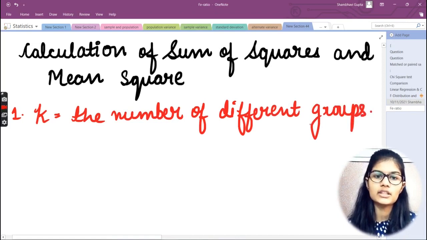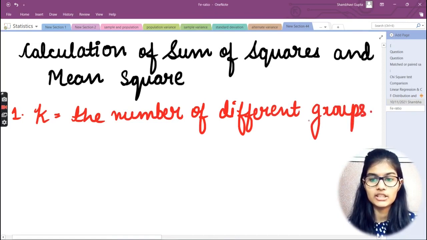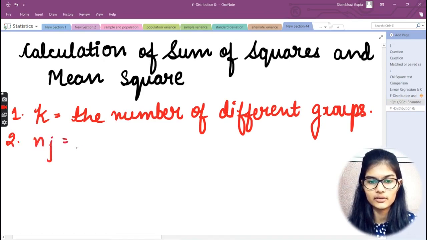So this is used in the calculation of sum of squares and the mean square. So k is one of the terms that we are having and it is the number of different groups, right?